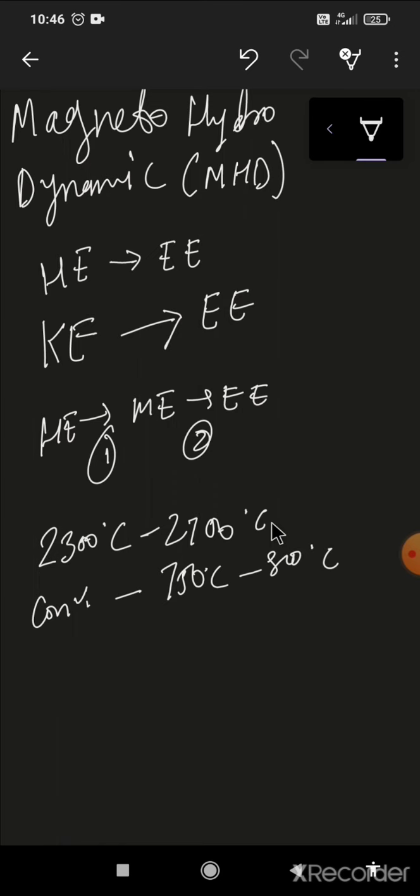Thus MHD generators are said to have high efficiency and low pollution. So this is the main introduction to MHD.